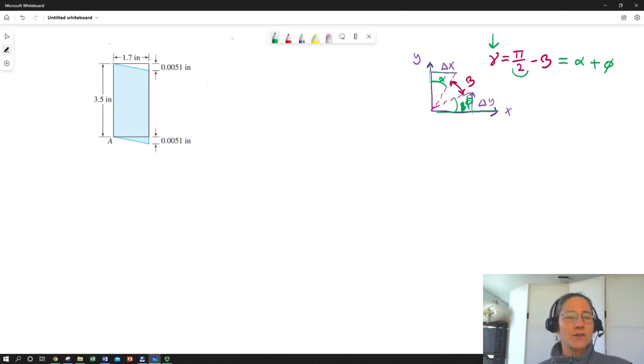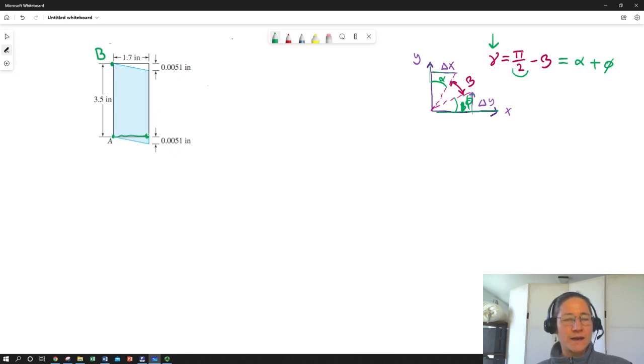So if we look over here, we're going to look at a couple of points. We're going to start off with point A, and we're asked what is the average shear strain at point A. That's an average because we could have had maybe a different shear strain as we go from A to some point over here. We're assuming this whole body basically deforms uniformly, so we have the same shear strain all the way across.